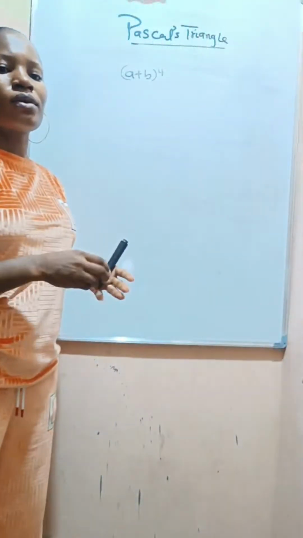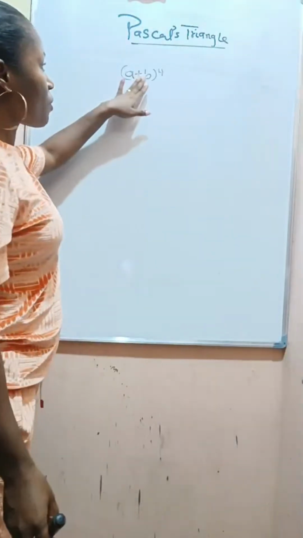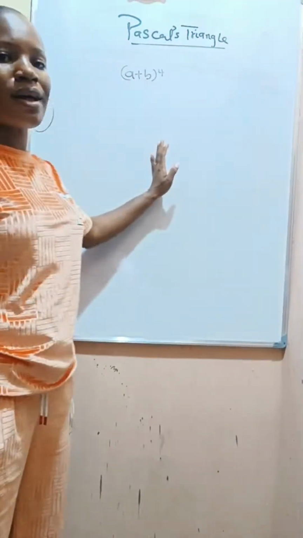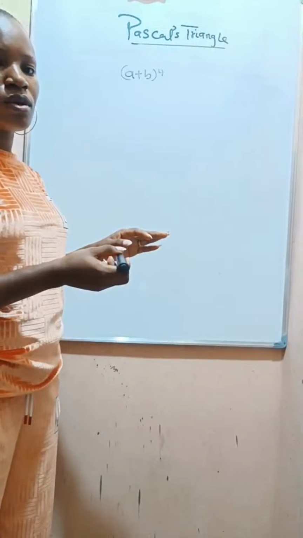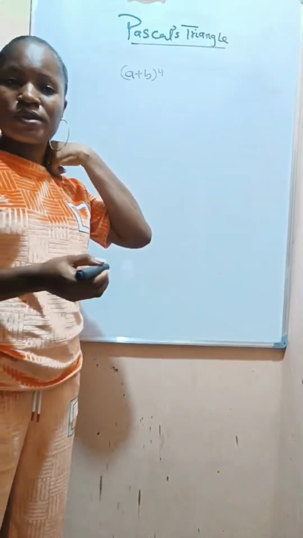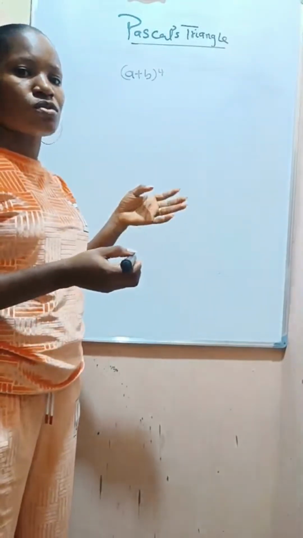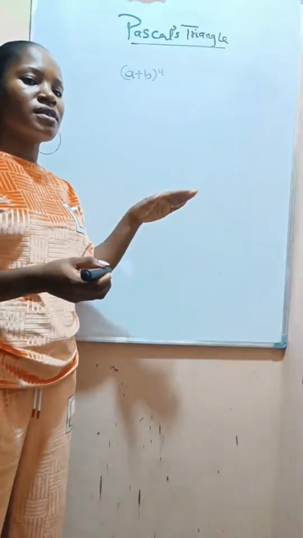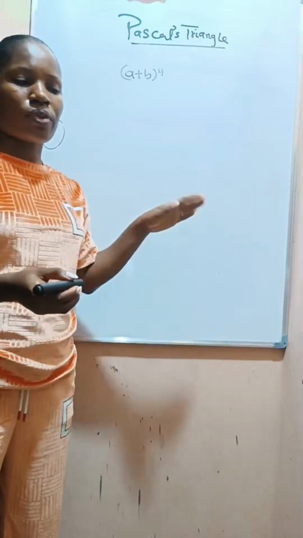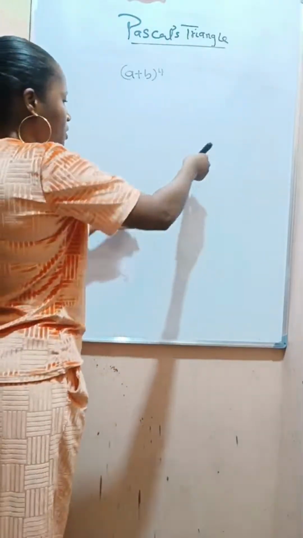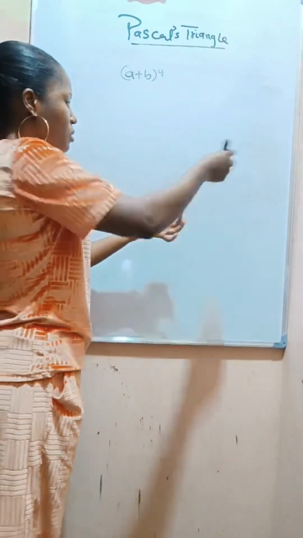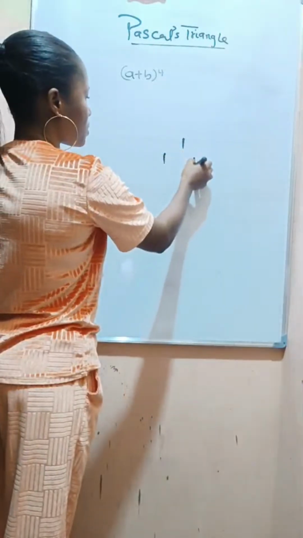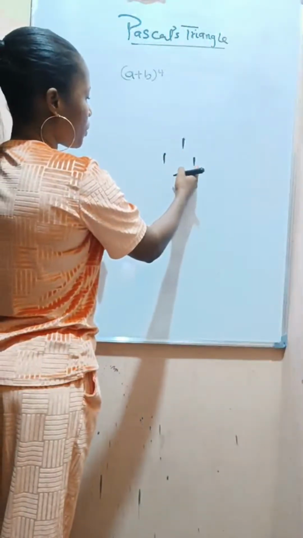Okay. So let's talk about the fourth power. Now remember that in your Pascal's triangle, for the benefit of those that joined us late, I'll just rush through it quickly. You can then, at your convenient time, try to understand it, maybe browse it. According to the Pascal's triangle, you start like this. 1 plus 1 is 2.